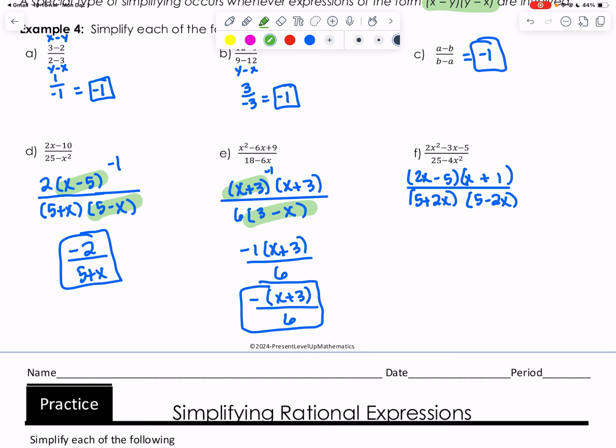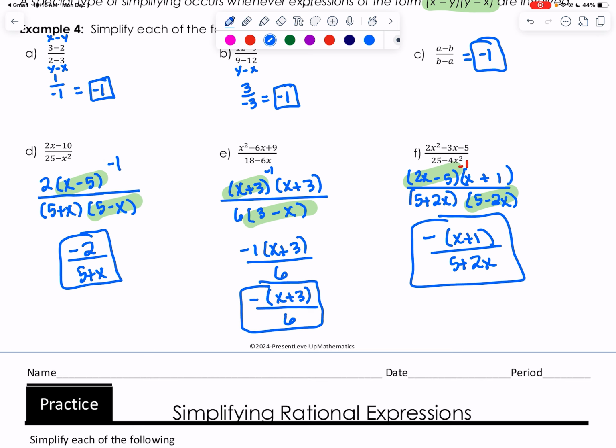Then I highlighted the factors that equaled negative 1, 2x minus 5 and 5 minus 2x. So I know those equal negative 1, and I'm going to put a negative 1 up there. What I have left for my final answer is negative x plus 1 on the top, and on the bottom, 5 plus 2x.